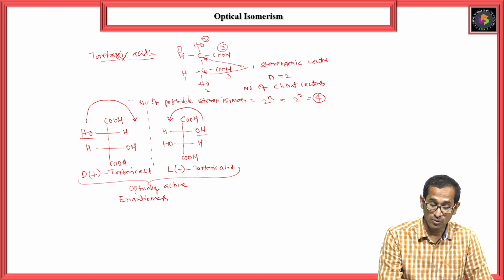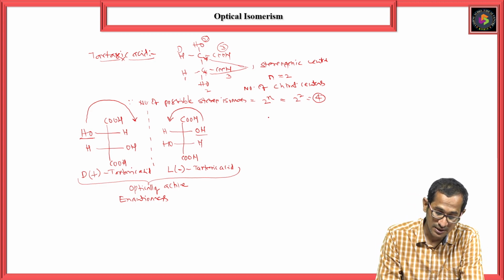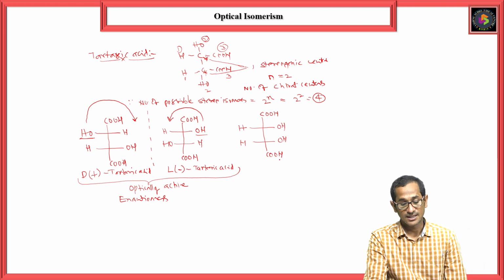And coming to the third one, because we have to see 4 isomers, right? Coming to the third one, COOH, H OH, COOH. Right? This is the third one.